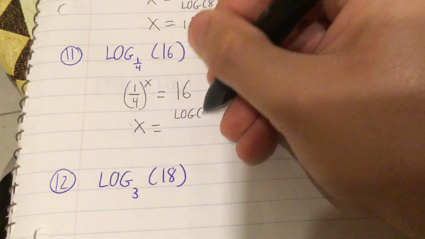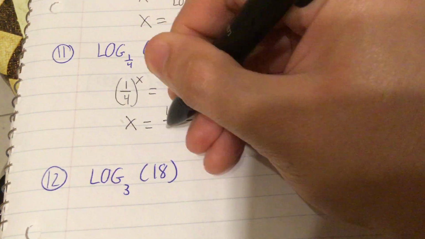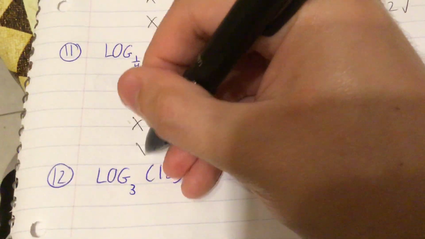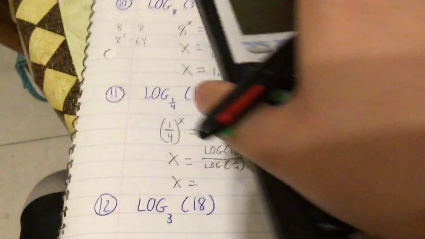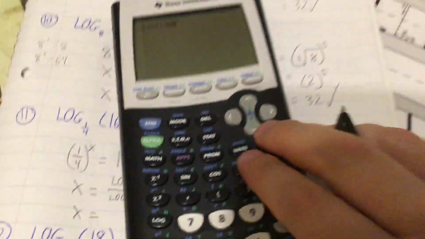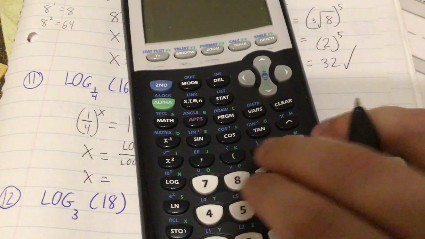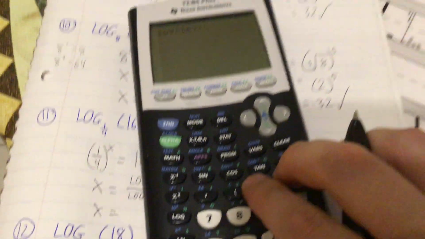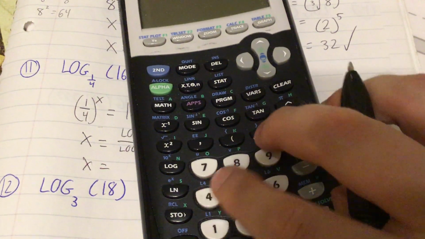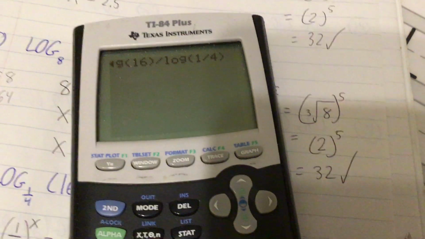So we can take the log of the output divided by the log of the base. So if I plug in the log of 16 divided by, did I close it? Yeah, I did close the parentheses. Log of 1/4, close the parentheses.